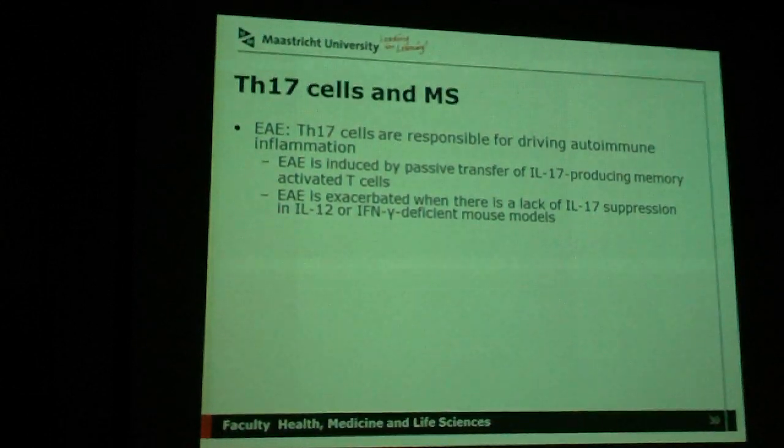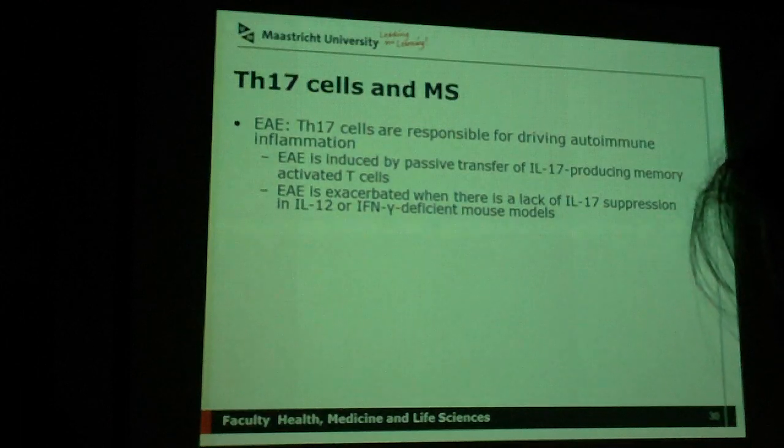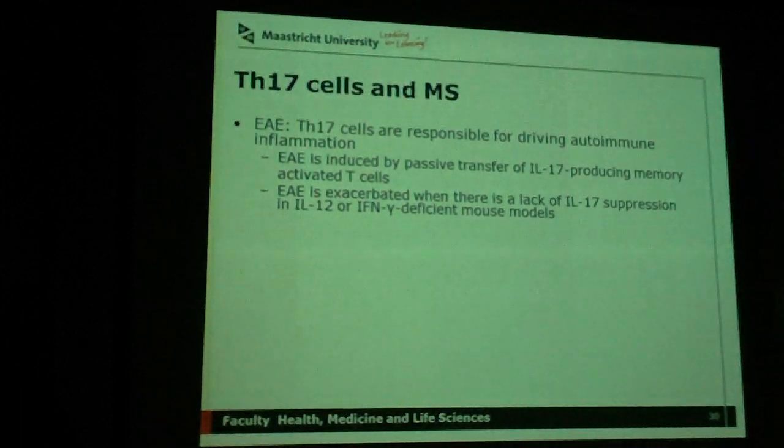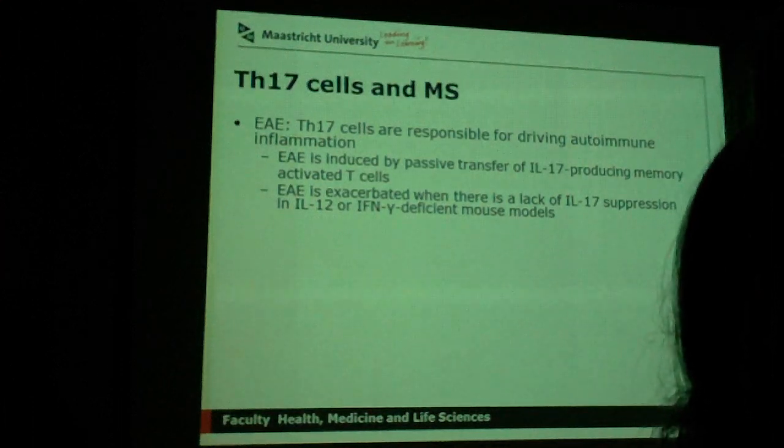So before, people thought it was a Th1 disease, and what they did is then knock out interferon gamma, because that's the really most important Th1 cytokine. But what they found then, strikingly, was that the disease got worse. So you couldn't prevent disease by knocking out interferon gamma.